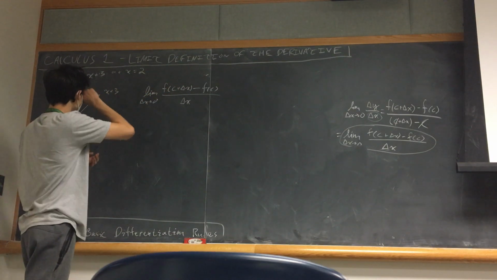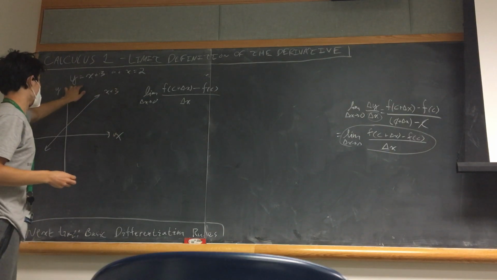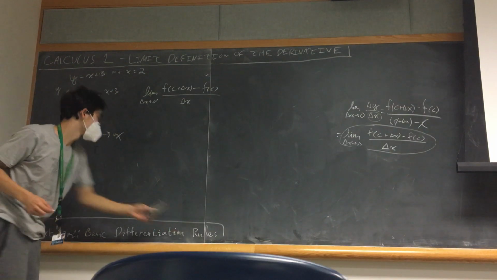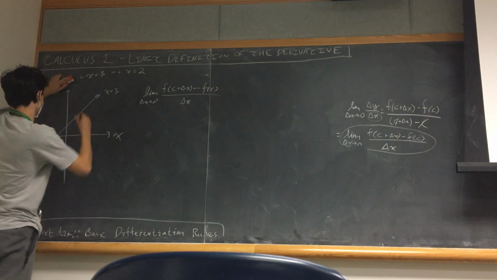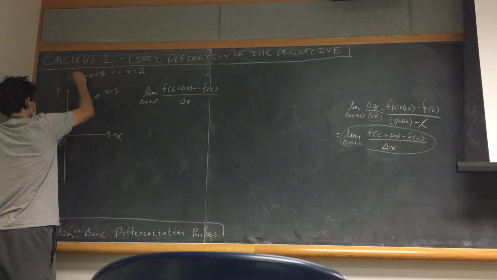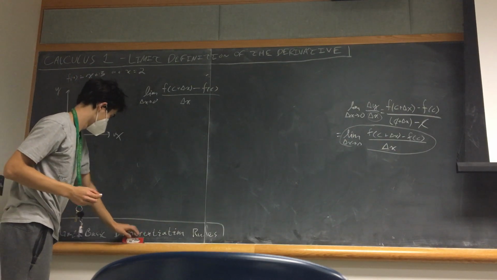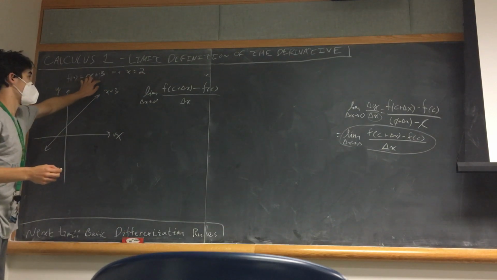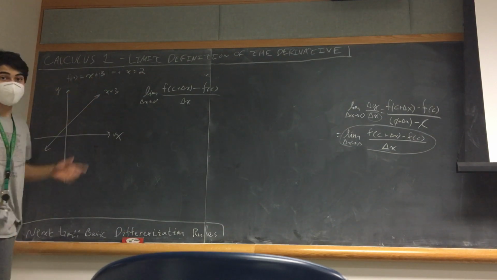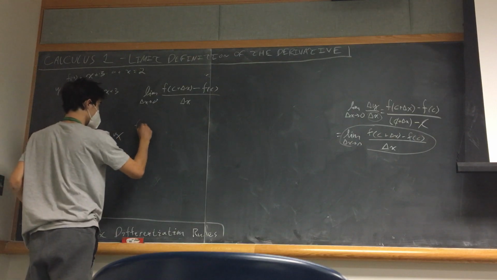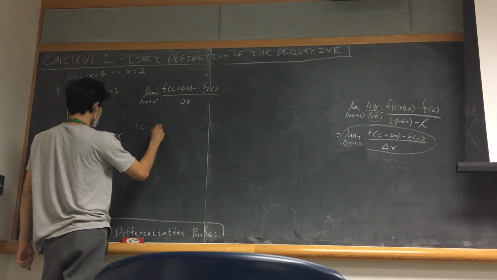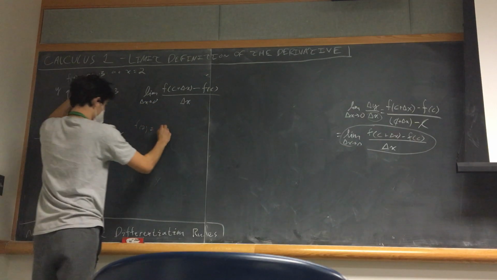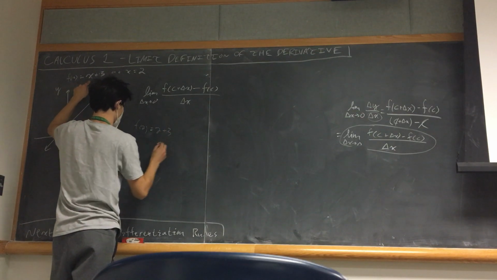What this means is our f of x, let me change this y to an f of x, is that f of x is equal to x plus 3. If you wanted to know, say, f of 2, you would plug in 2 where x is in this function. So this is 2 plus 3.